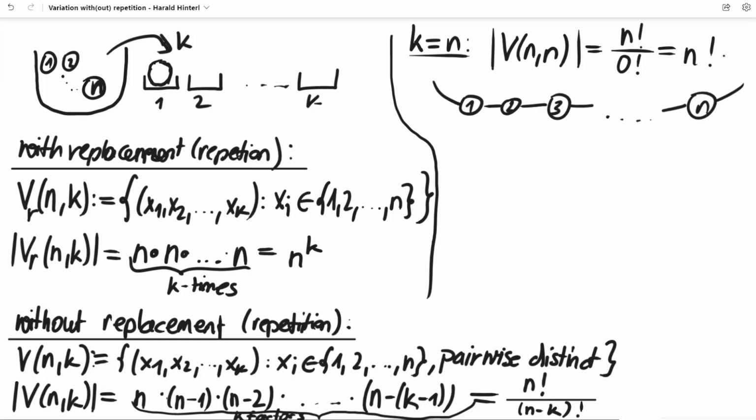You have n factorial different possibilities to arrange the pearls on the necklace. Or you can also think of books in a shelf. 1, 2, and here you have the last book n. How many different possibilities are there to arrange the books in the shelf? N factorial.